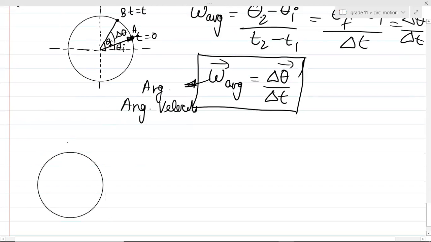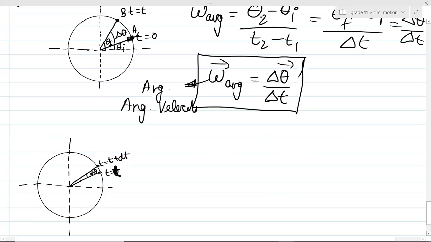Suppose it's the same circle, but this angle is very small. Can you see this angle? This angle is very small, d theta, and this is covered in how much time? If this is at t equals to t, then this will be at t equals to t plus dt.